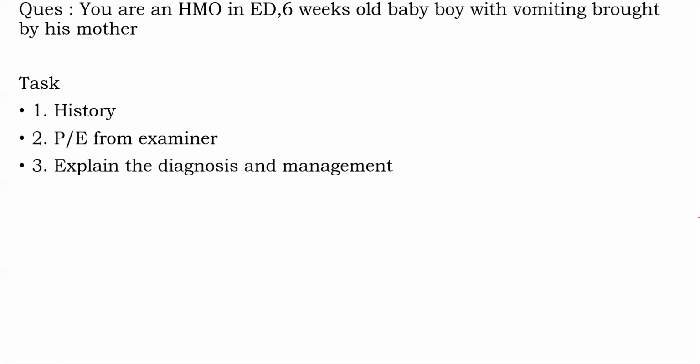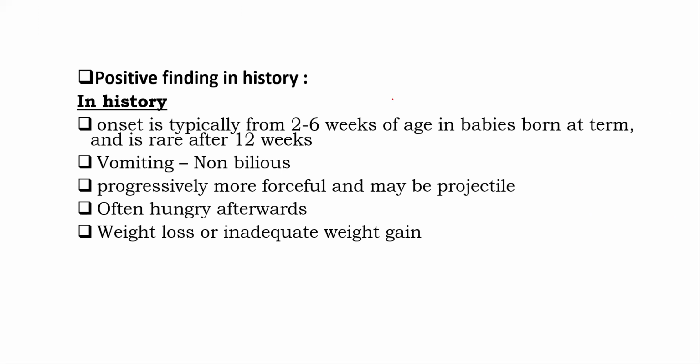Next question, pyloric stenosis. You are an HMO in the emergency department, and a 6 weeks old baby comes in with vomiting with the mother. History, physical exam, same thing. Pyloric stenosis is usually common between 2 to 6 weeks of age.